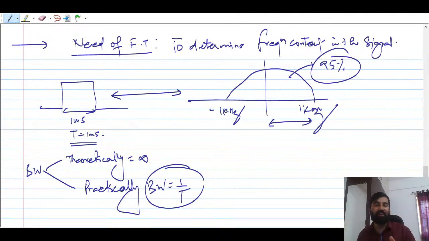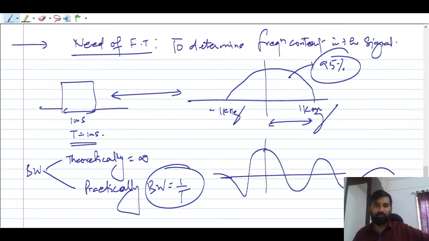Please remember, what we are doing is approximating. The sinc function has theoretically infinite bandwidth, but practically we focus on the practical bandwidth, where 95% of the energy is contained in this lobe. If I draw the actual picture, you will find this kind of picture.